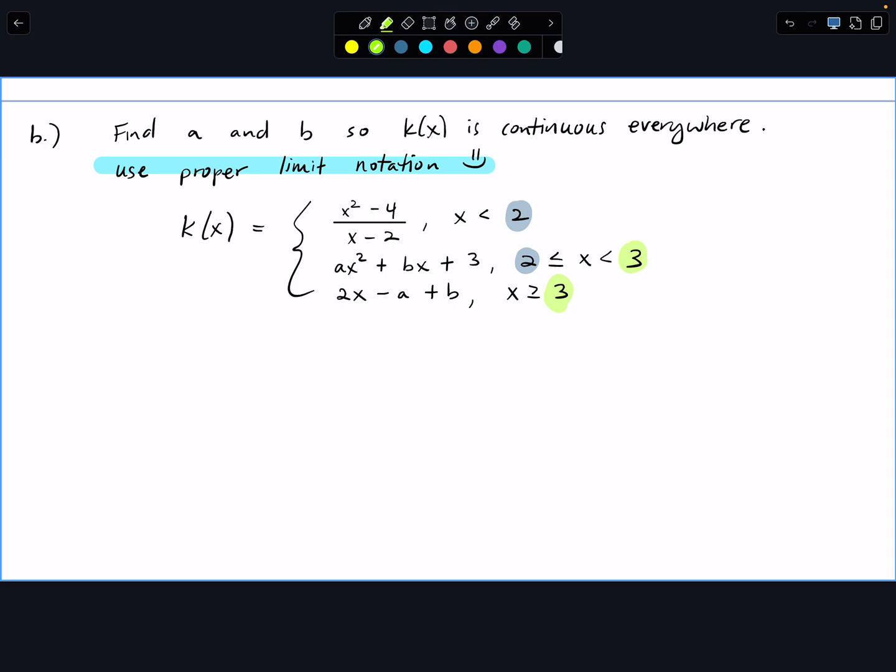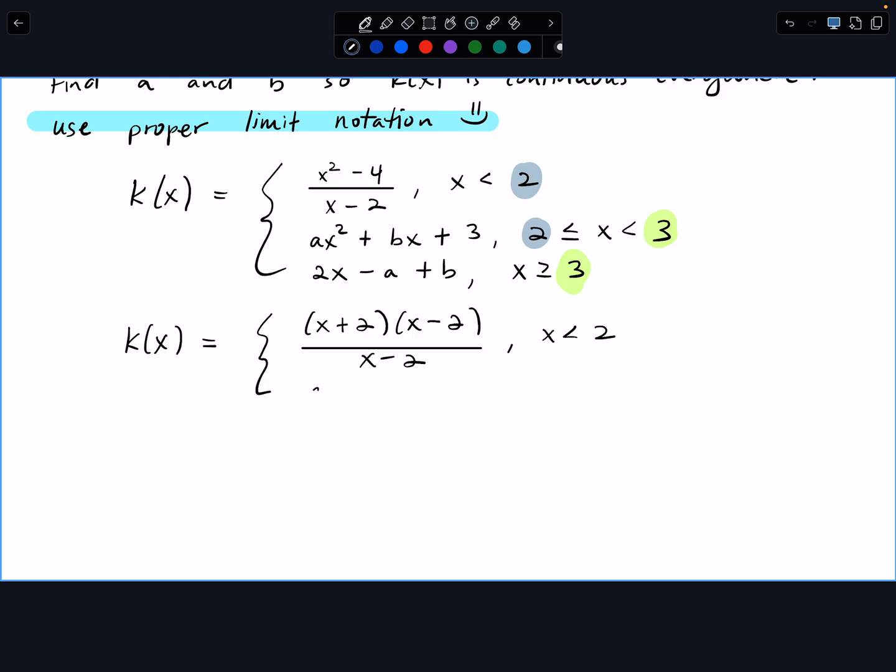What can I do? Hey, this factors. Hooray. So let's do that first. Okay, so I'm going to rewrite it. So k of x is equal to x plus 2, x minus 2, all over x minus 2, if x is less than 2.